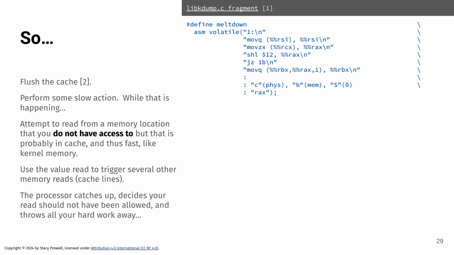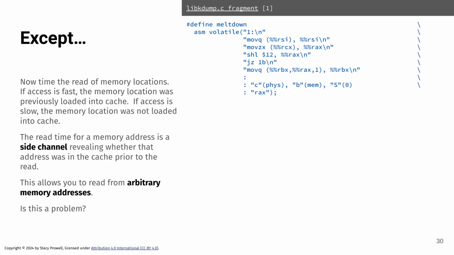So what's happened? The net effect of this is I didn't get to read the memory. I was denied it. But there was a side effect which creates a side channel. And that side effect is that the stuff I loaded based on the memory I couldn't see has modified the cache.